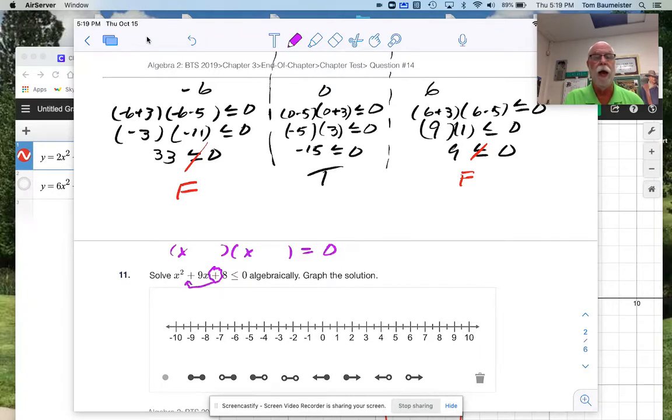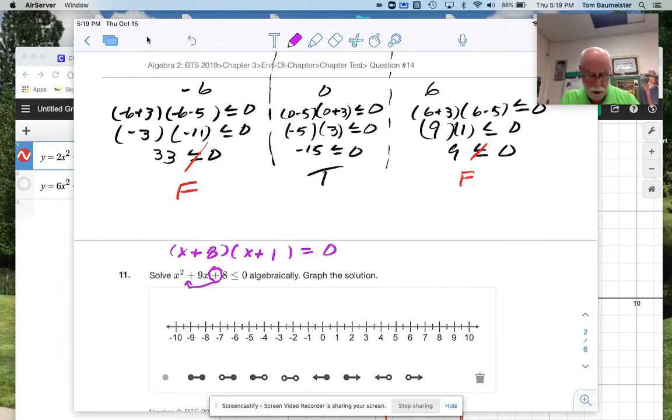If that one's positive, they're both positive. If that one's negative, they're both negative. So I'm going to take x plus, x plus. And then what are factors of 8 that add up to 9? Well, the only ones that work are 8 and 1.